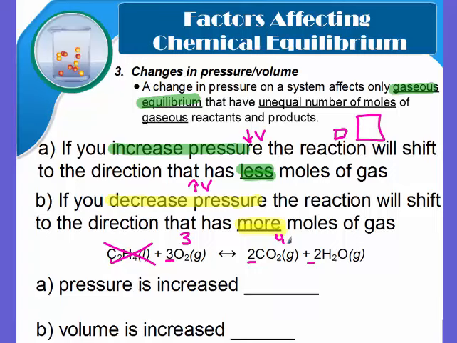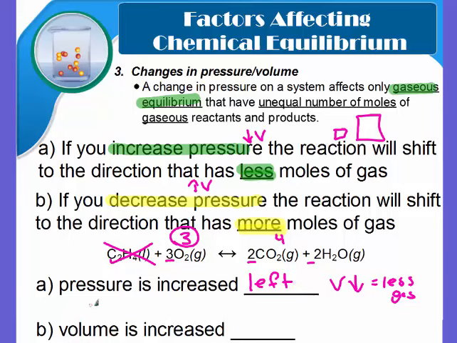Since pressure is increased, that means my volume is decreased, and so I want less gas. So pressure and gas are inversely related. Volume and gas are directly proportional. So which side has less gas? So it's going to shift left towards less gas.